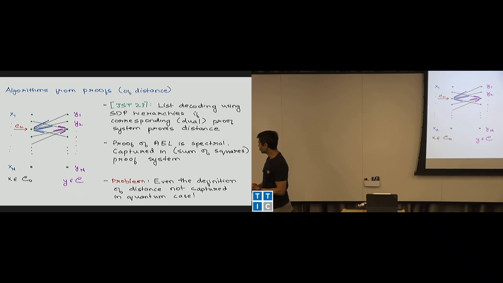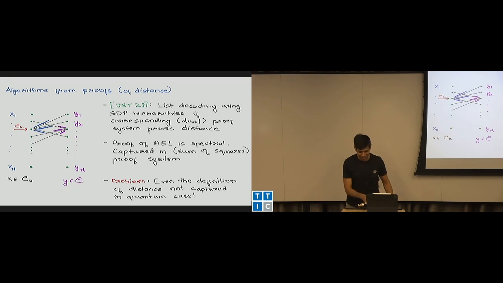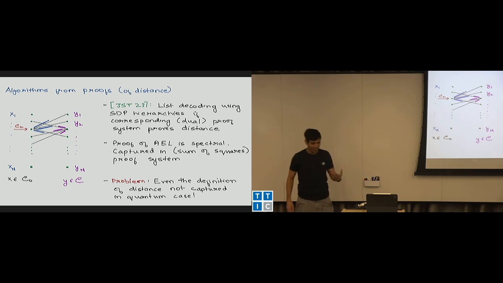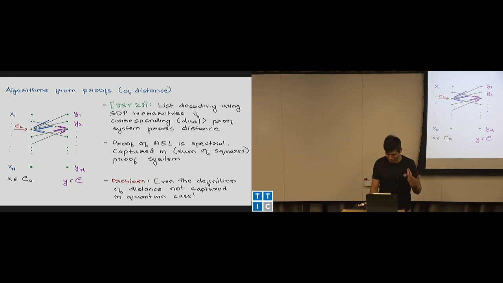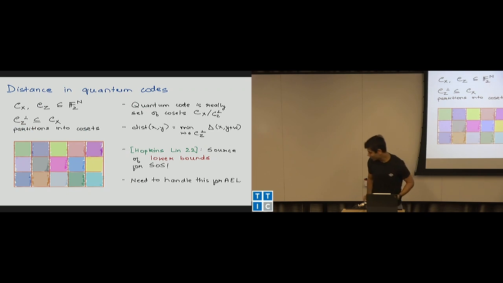But for quantum codes, actually even the definition of distance is not captured by sum of squares. Forget the proof of distance of the code, it can't really say if two things are at distance 0 or non-zero. And that is an important problem, and this is why it occurs.